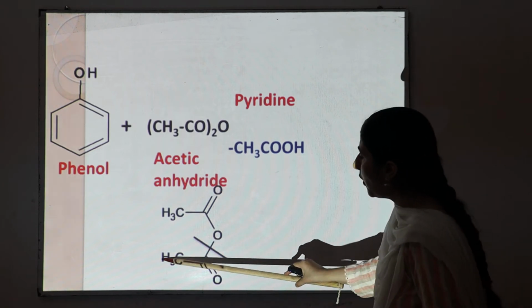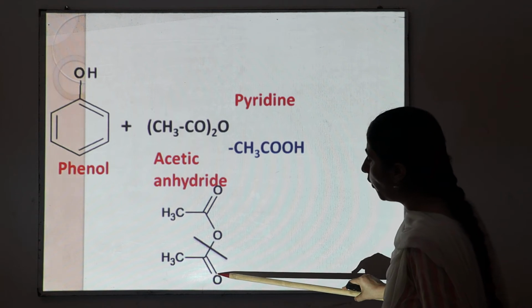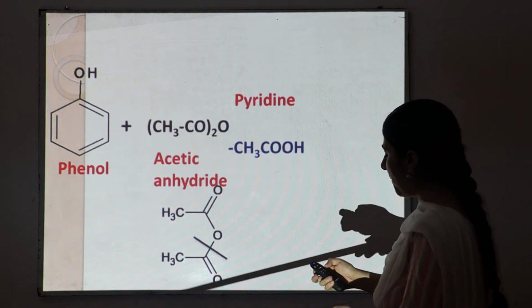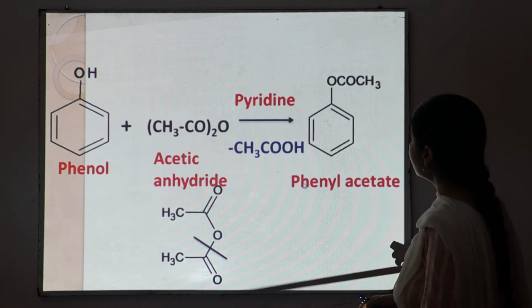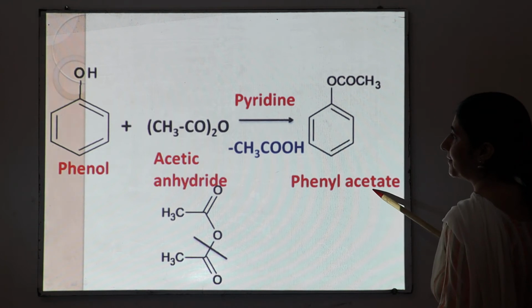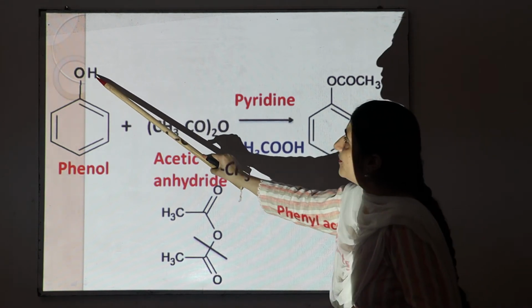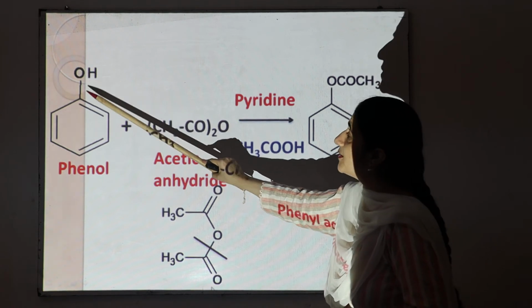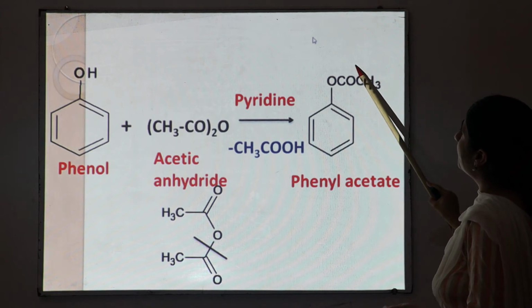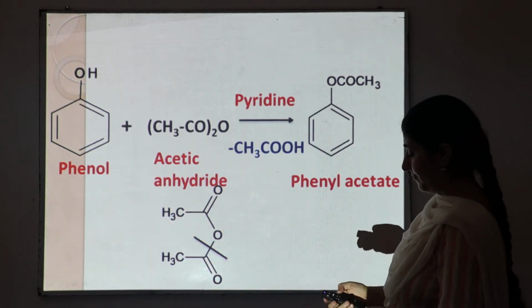The remaining moiety of the acetic anhydride, CH3CO, is attached to the phenolic oxygen to form an ester again, and this compound is known as phenyl acetate. In this case, the hydrogen positive of the phenol is replaced by an acyl group. That is why this reaction is known as acylation.